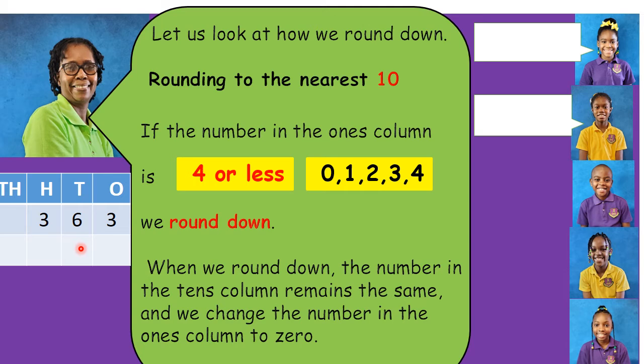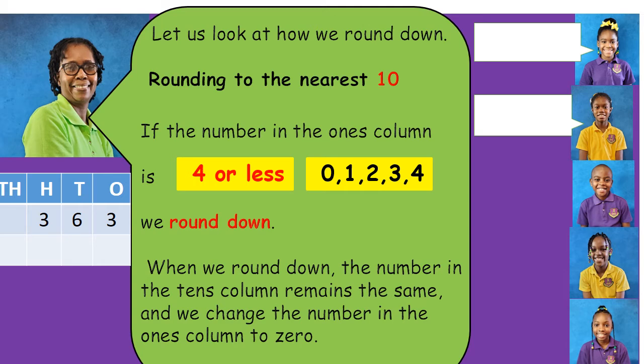Remember, we are rounding to the nearest 10. So the number in the tens column remains the same. And we change the number in the ones column to 0. So the tens column number remains the same and the number in the ones column is now changed to 0.